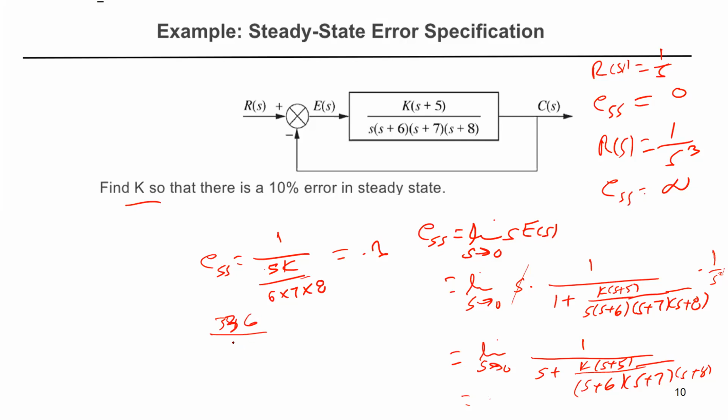It is 336. So 5K equals 336 over 0.1, or K equals 336 over 0.5, which is going to be 672. So this is the value of K which will satisfy my requirements.